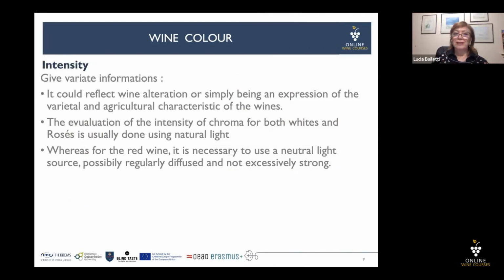So it's very important: the intensity of the color gives varied information. It could reflect wine alteration or simply be an expression of the varietal and agricultural characteristics of the wine.